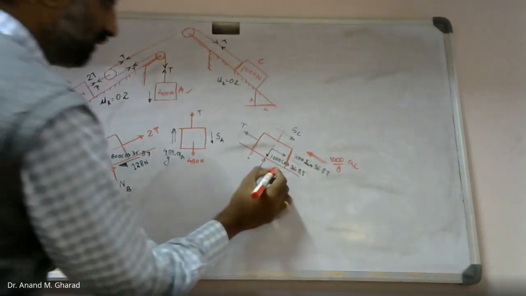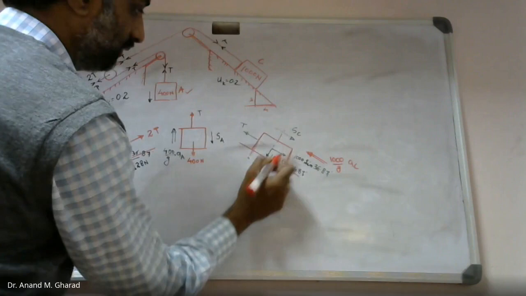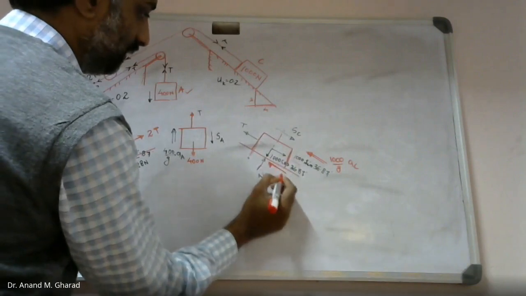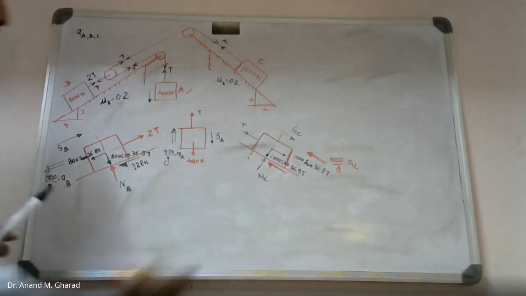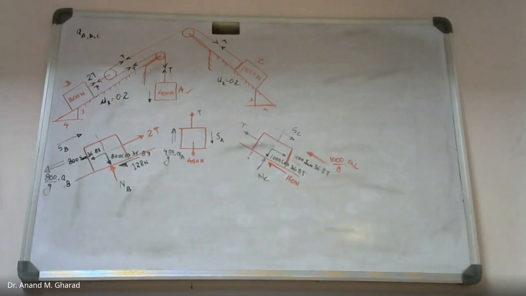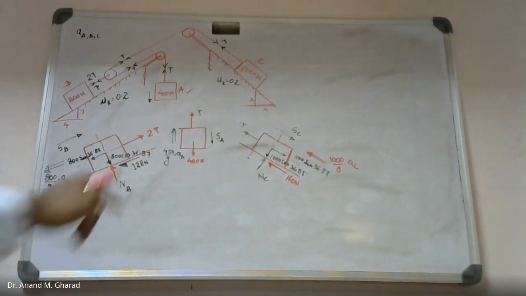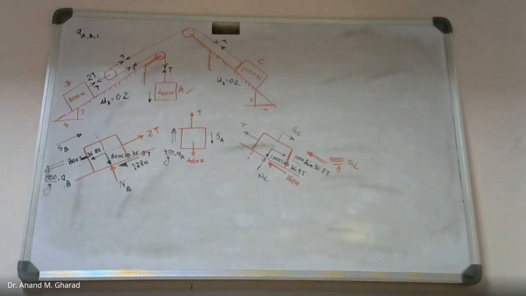There will be frictional resistance offered. Since it is moving in the downward direction, the resistance offered shall be upward. What was the magnitude over here? 160 Newton. So this is the complete free body diagram of these three blocks.